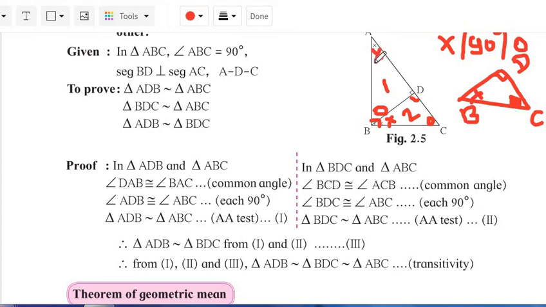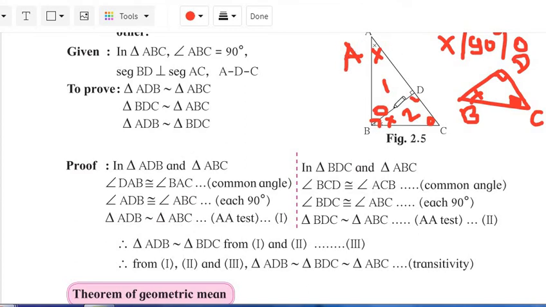Then see here, DAB. This angle A is an angle of this smaller triangle and also of the bigger triangle. That's why this angle A is a common angle, because it exists in the smaller triangle ABD as well as in the bigger triangle ABC.